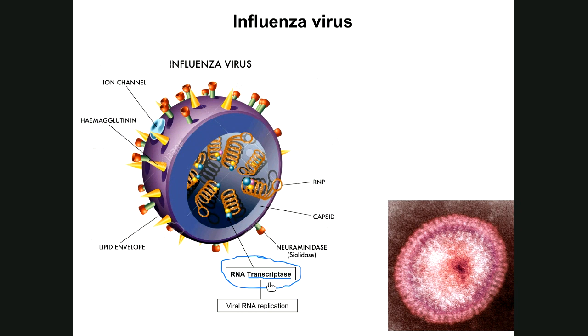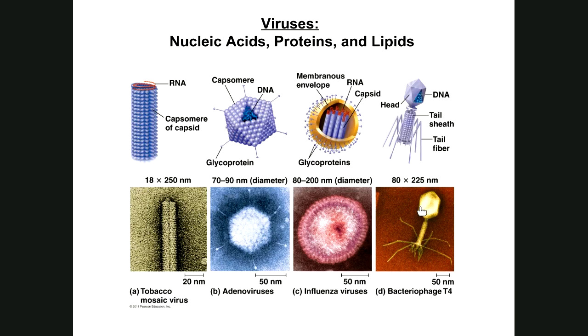The cells of living organisms do not perform RNA replication, and the influenza virus is only more than happy to say, here, I'm going to give you an enzyme called RNA transcriptase, and you're going to perform viral RNA replication. You're going to make copies of my 8 molecules. So these are things that baffle the scientific community. You're not alive, you're not dead, but oh my God, there's so much variation in you.